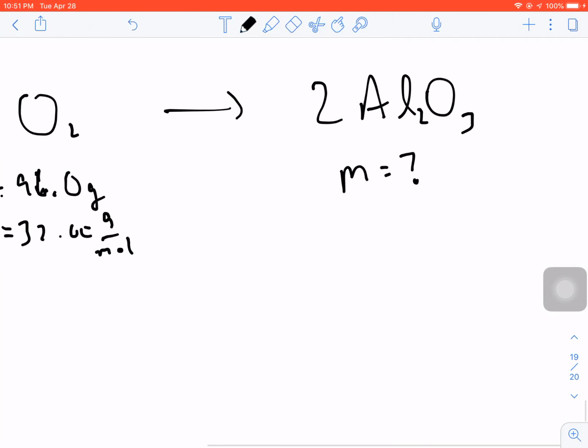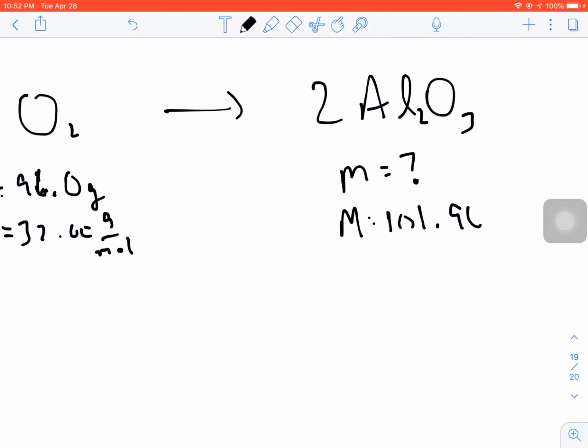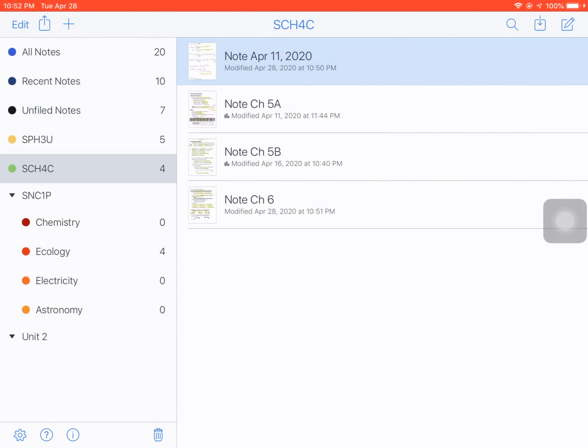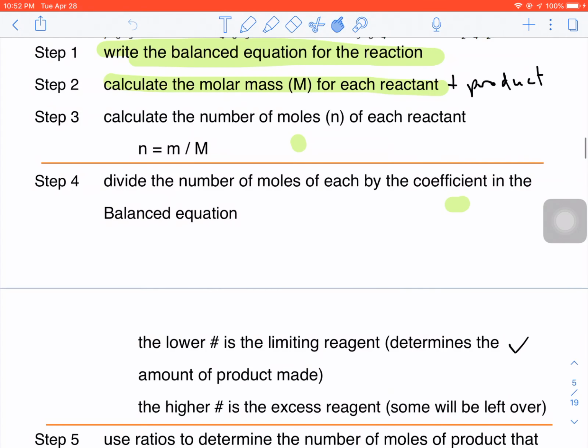So my molar mass here is 2 aluminums and 3 oxygens. When I add them all together, I get 101.96 grams per mole. Okay, so I've determined my molar mass for each reactant and for the products.